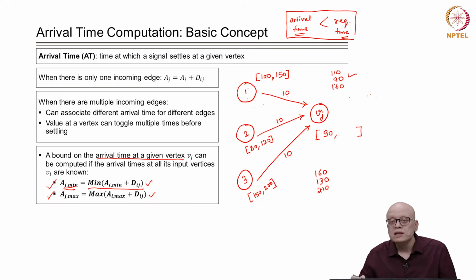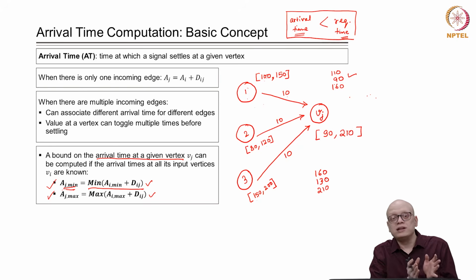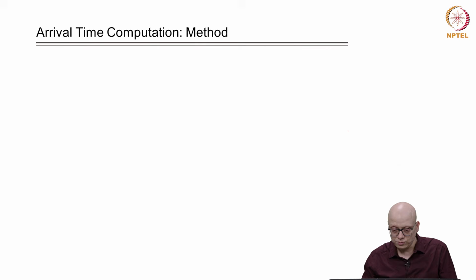Out of them the maximum is 210, which we will take. So, this is how we can compute the bound on the arrival time, given the bounds on the incoming vertices are already known.